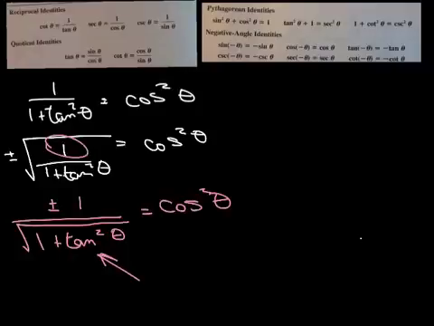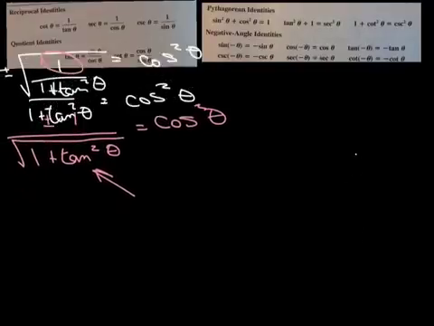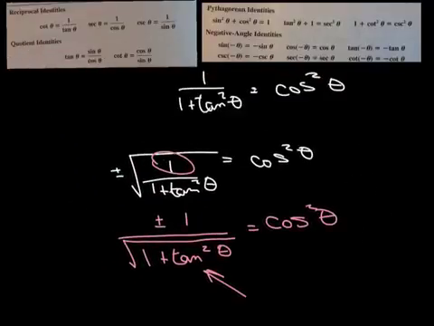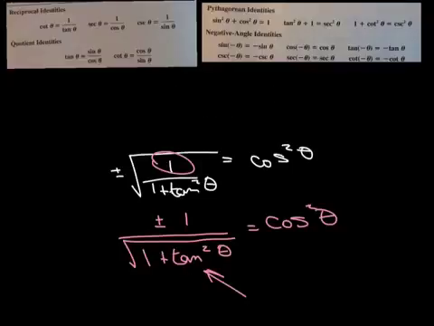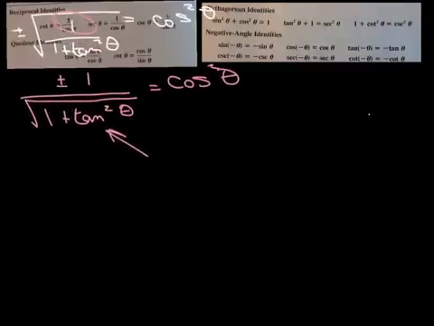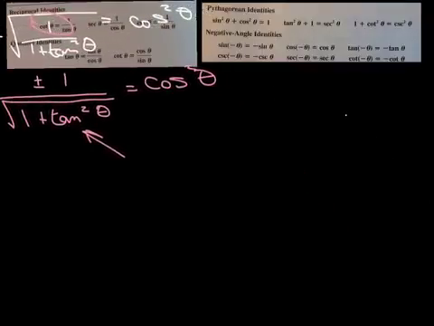I cannot have a radical in the denominator, so I need to multiply the top and bottom by this radical here. So let's do that and see if we can move this out of here. Alright, so we'll move that up there. Okay, so here we go.